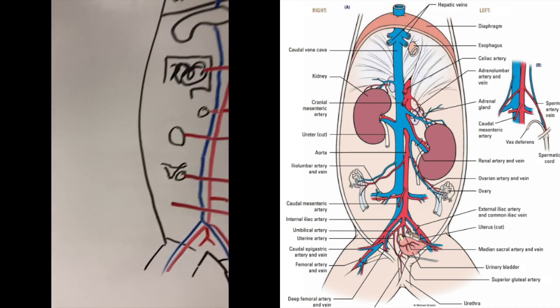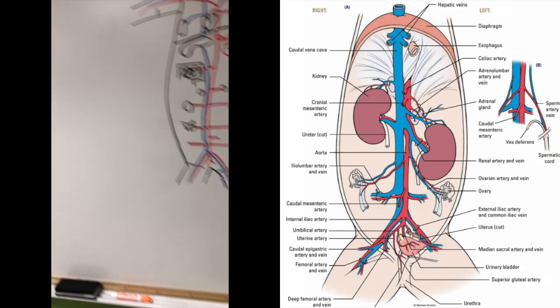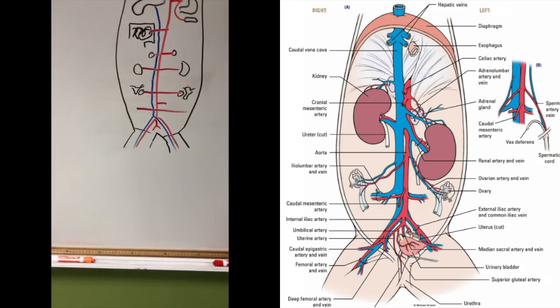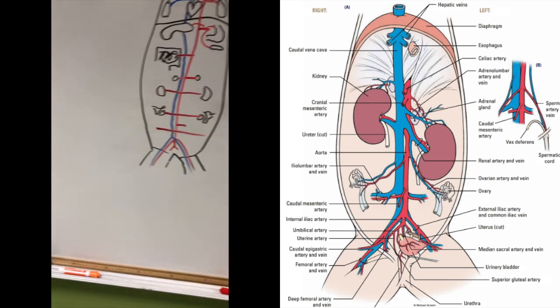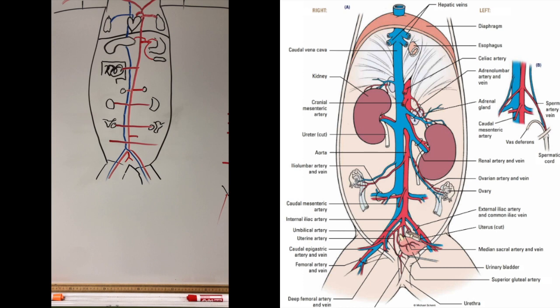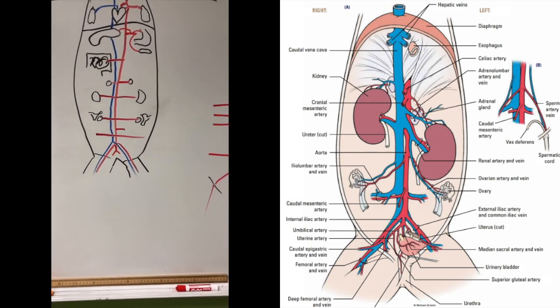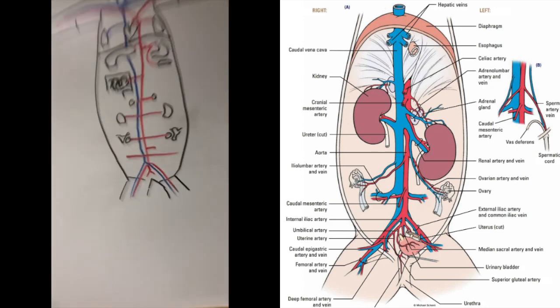So we'll start at the bottom because that just makes sense. In your Mink guide, it's not abundantly clear that there's an internal and an external iliac vein, but there is.